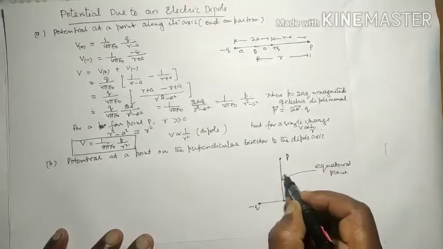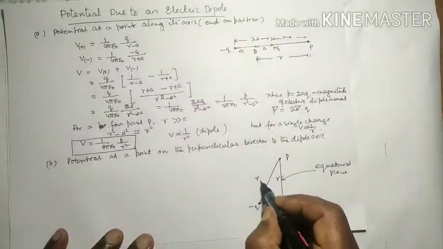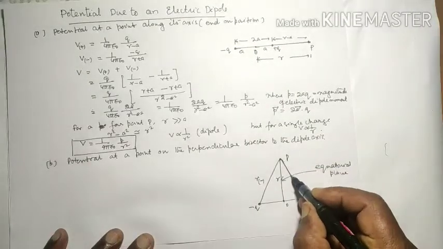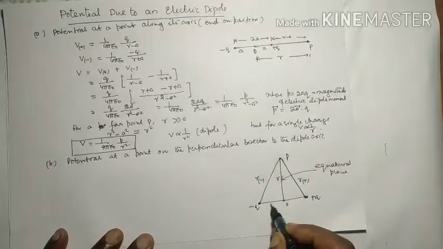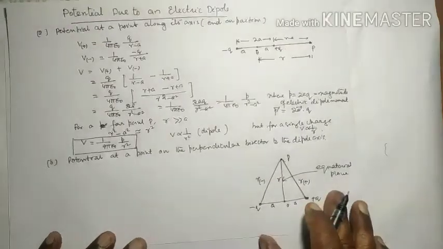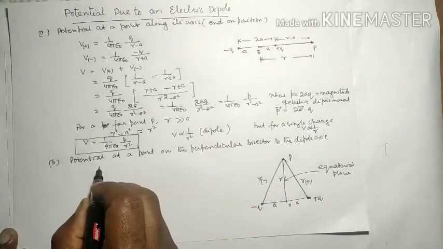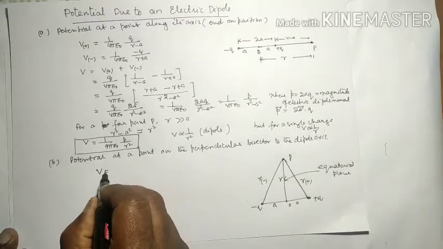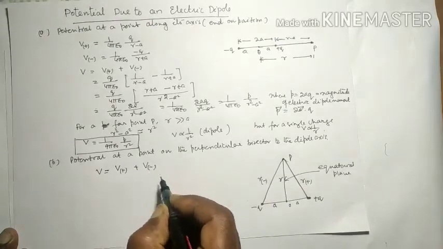So P is a point at distance r from the dipole center. Join P and negative charge minus q, that is r minus, and join P and positive charge plus q, that is r plus. This is a. Now the net potential at P due to minus q and plus q is V equal to V plus plus V minus.